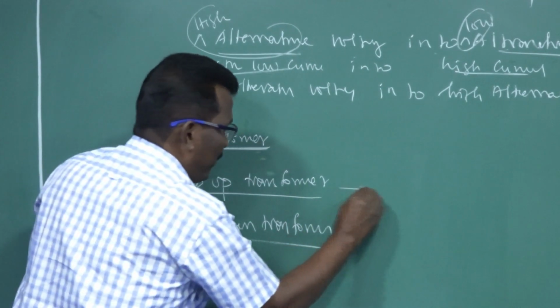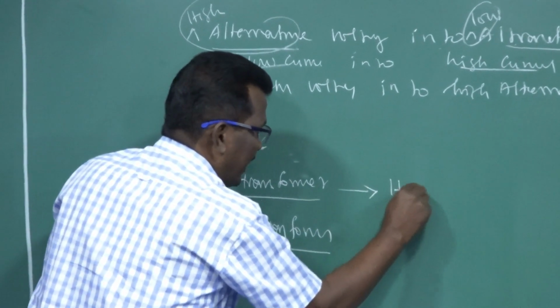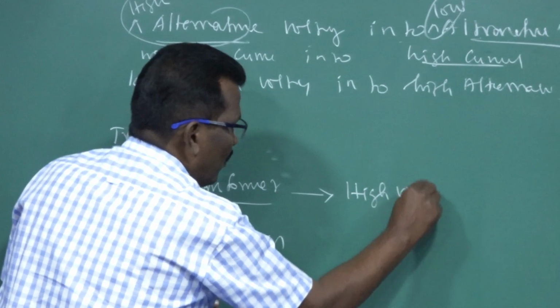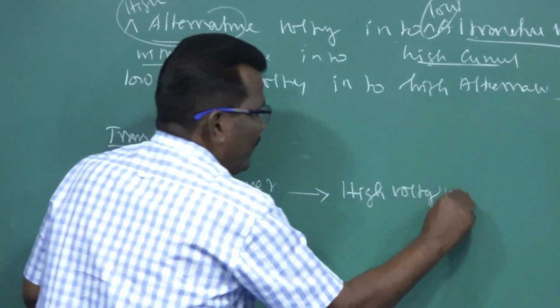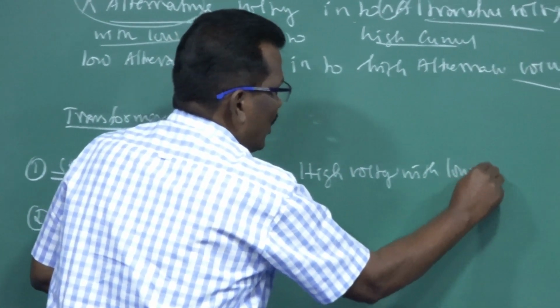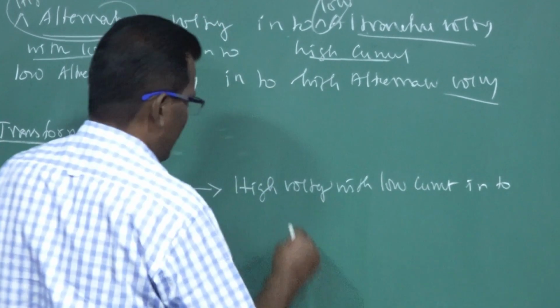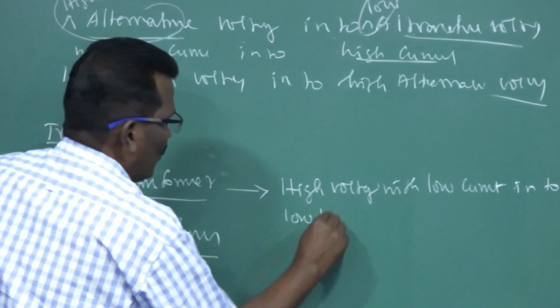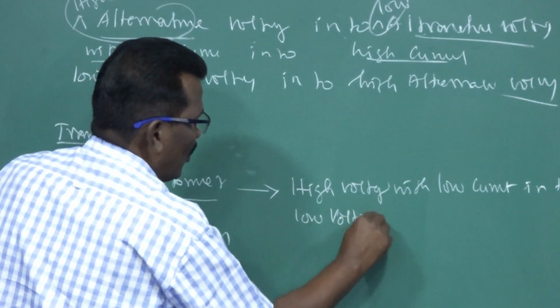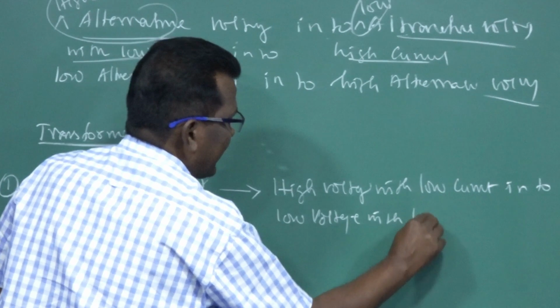Now, in one case, high voltage with low current goes into low voltage with high current.